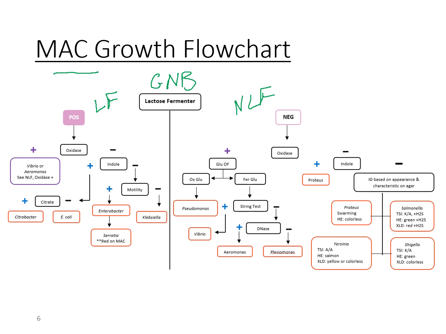With our oxidase test, we did cover this within our gram-positive lab lecture. And so what we're going to do next is our indole test. We're going to discuss that test first, and then we'll work our way through some of these other tests.